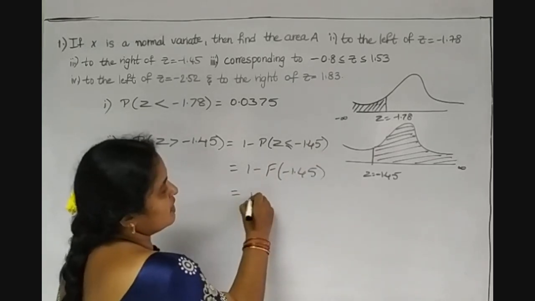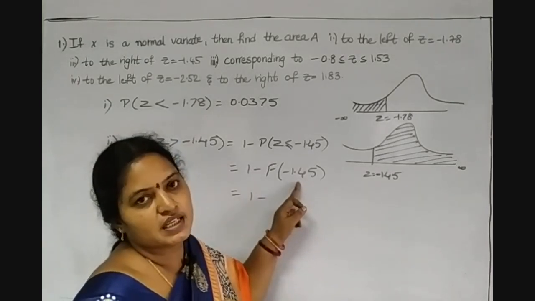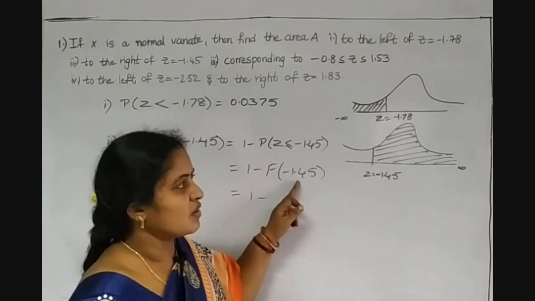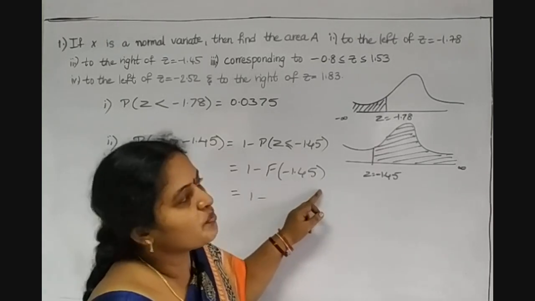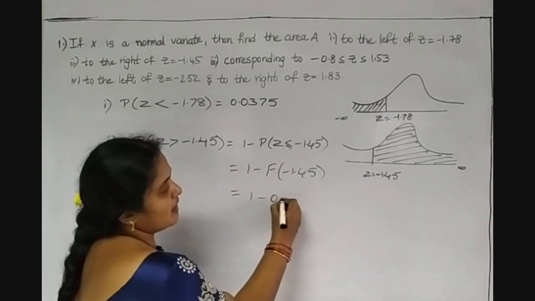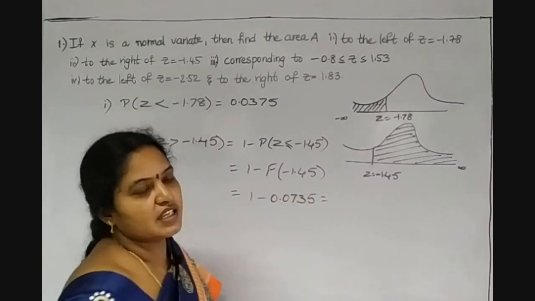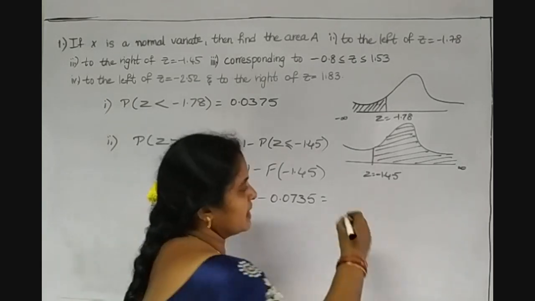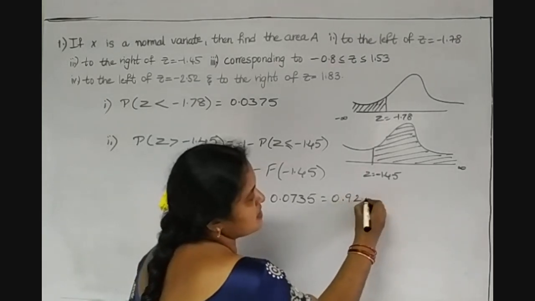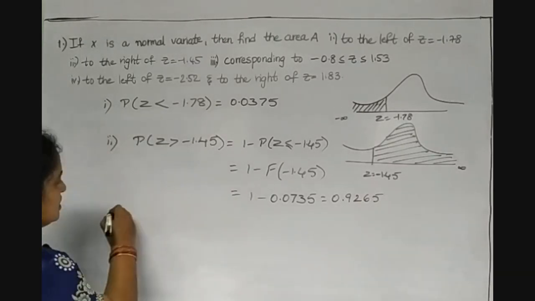So this is equal to 1 minus, we have to see this value from the tables, that is minus 1.4 at 0.05, its value is 0.0735. This is equal to 0.9265.